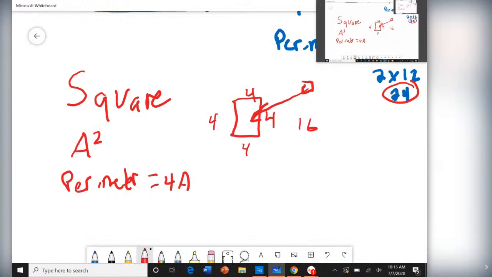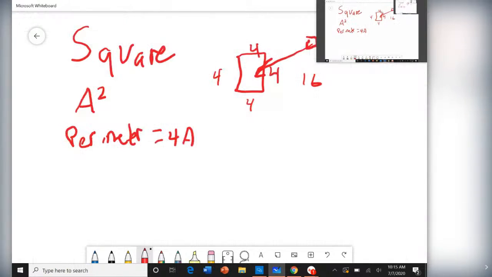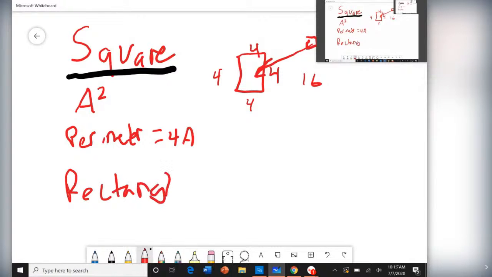And then for a rectangle, so we have square up here, and here is rectangle. Area equals length times width.